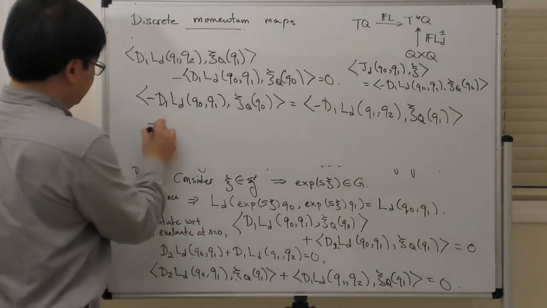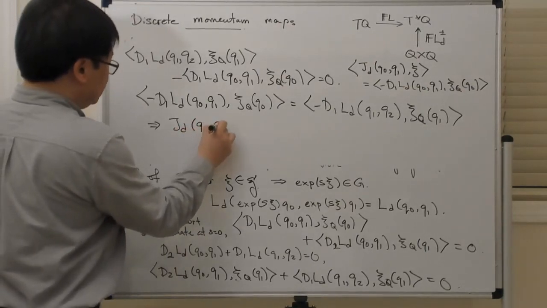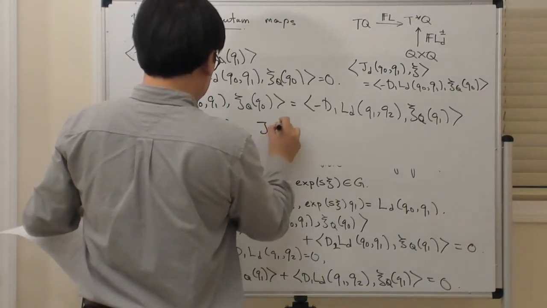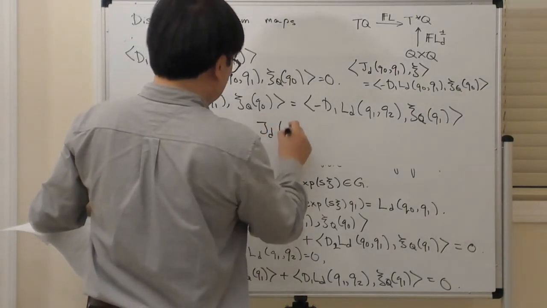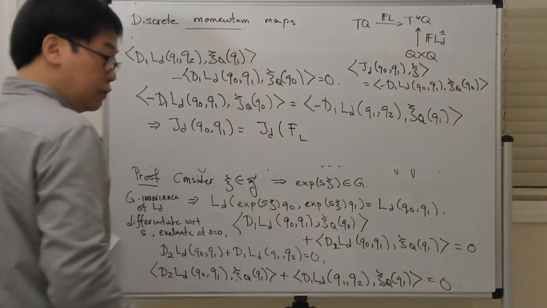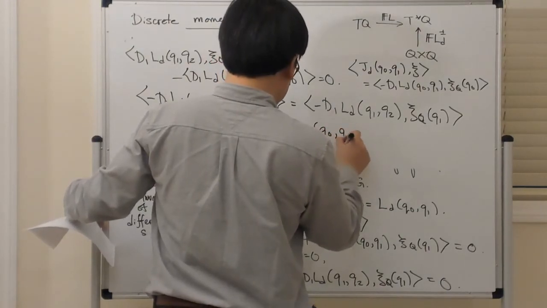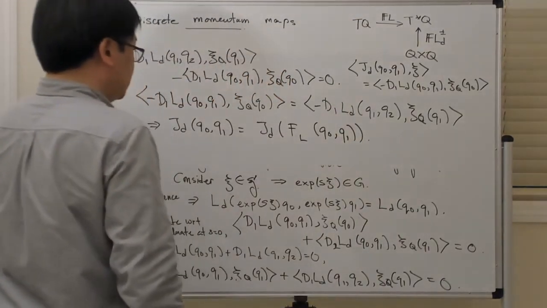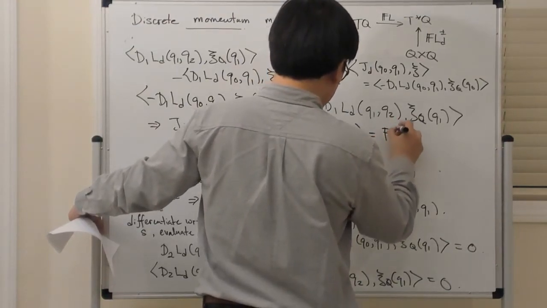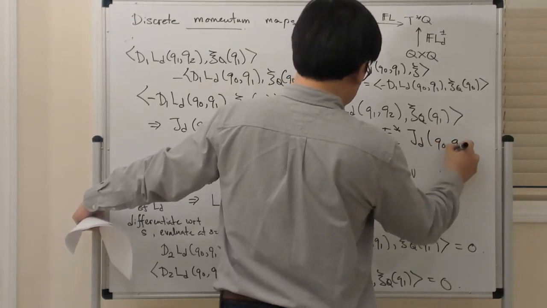So this is telling you that JD at (q0, q1) is equal to JD at the discrete Lagrangian map applied to (q0, q1). Or if I prefer, I can write this as the discrete Lagrangian map pullback of JD at (q0, q1).